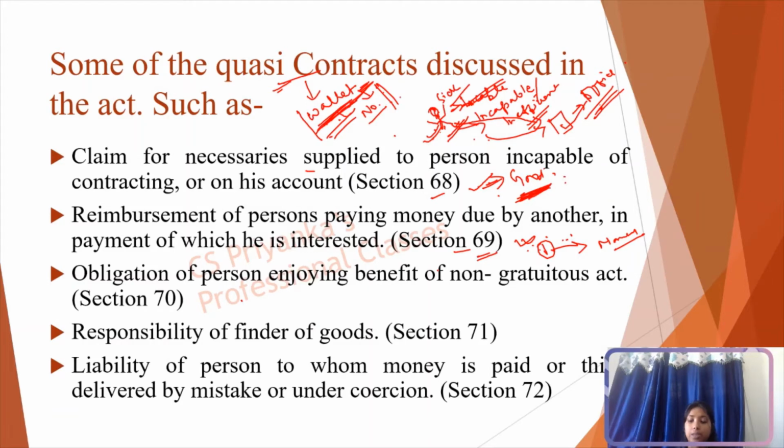For example, you have taken any charge or fees, or any voluntary amount. As per law, whenever you are giving something to someone without any intention of receiving any return, that is a non-gratuitous act.